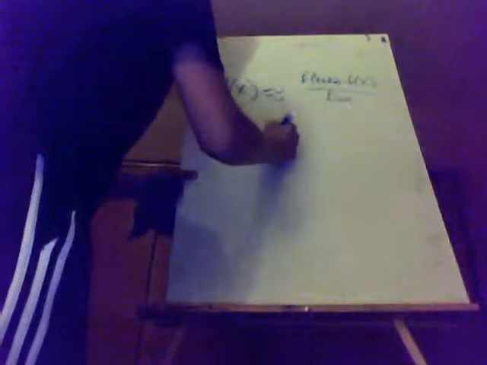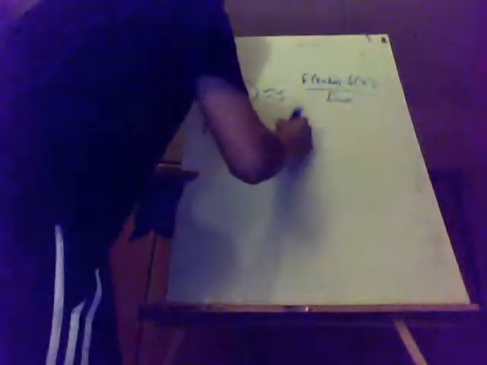We have a denominator. Let's multiply by delta x. f prime of x times delta x is approximately equal to f of x plus delta x minus f of x, and we're just going to add f of x to both sides.